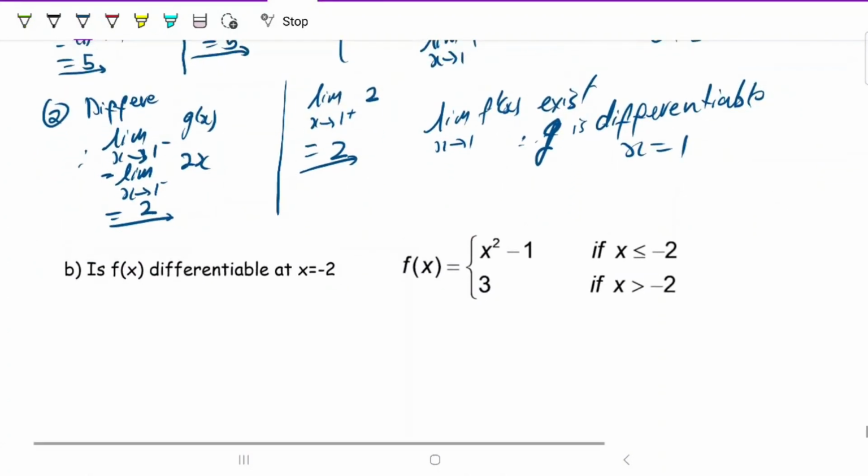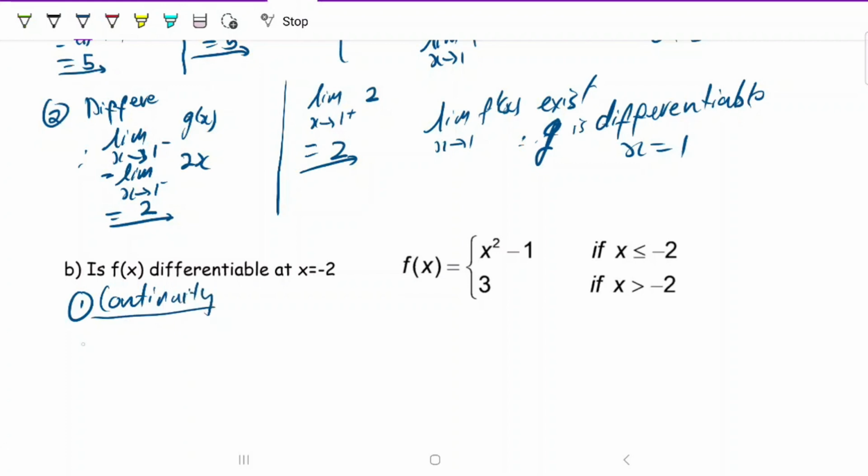Let us look at this next one. Is this function differentiable at x equals negative 2? First we have to check for continuity. That's what we need to do first. We need to check if this function is continuous. We can do that quickly by taking the limit as x tends to negative 2 from the left. The function we meet is x squared minus 1.